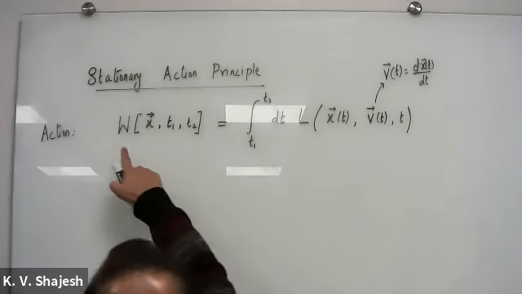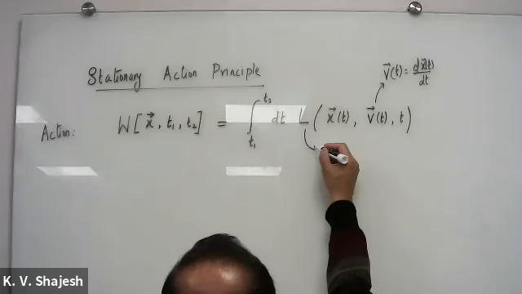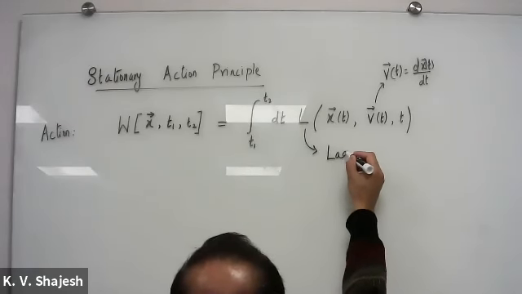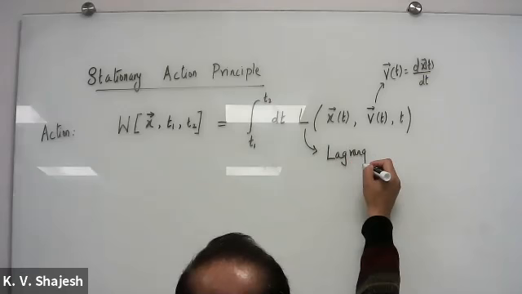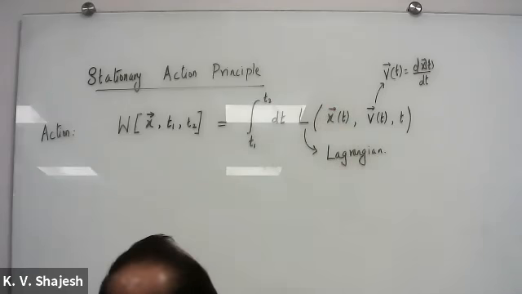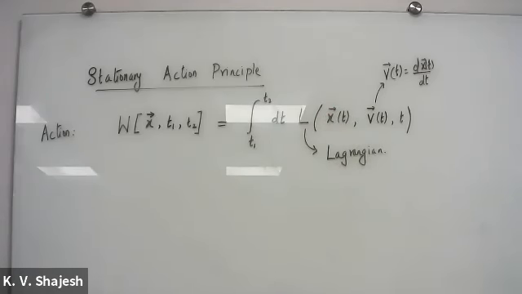L here is called the Lagrangian. For a system, we have shown that this can be written as the kinetic energy minus the potential energy. It is not the total energy that shows up.